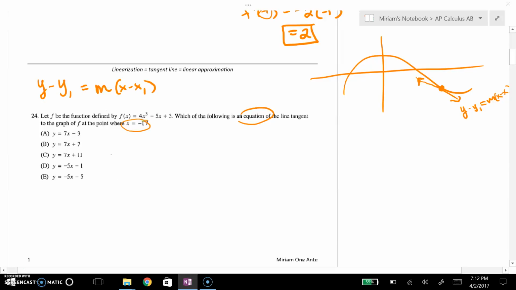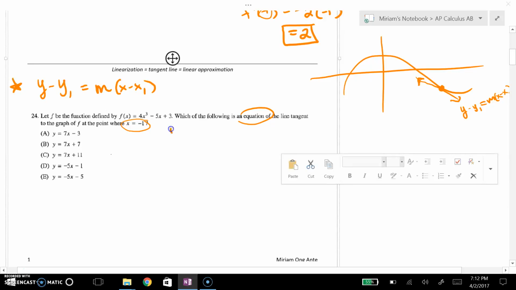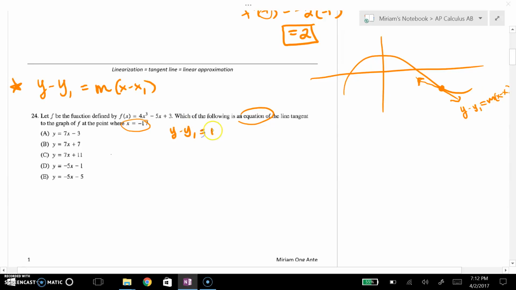When you see the word equation, they're looking for this setup: y minus y1 equals m times x minus x1. X equals -1, they give you, and that goes into x1. So that's going to be -1. Now we need an m, and we need a y1.